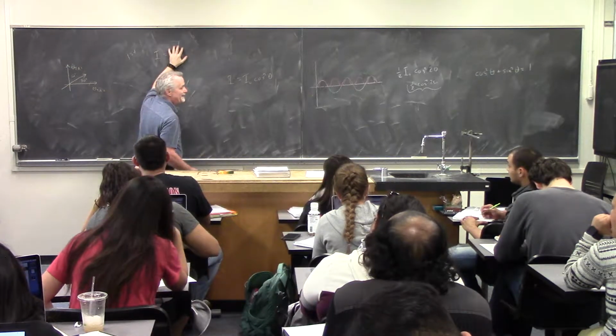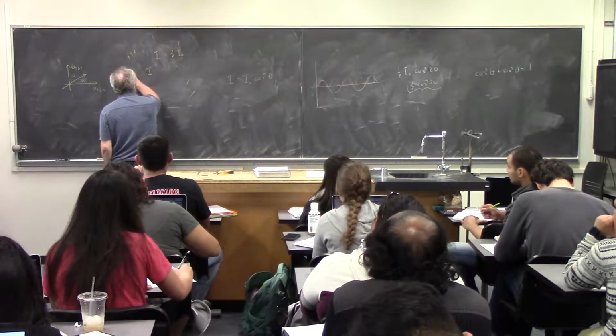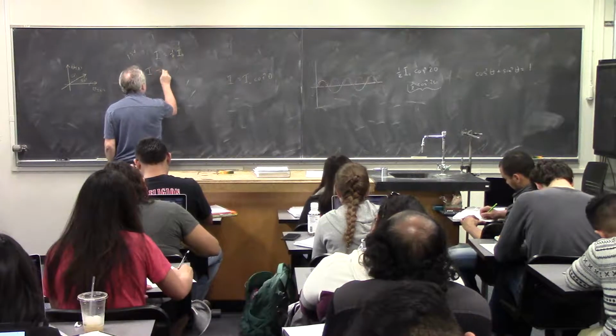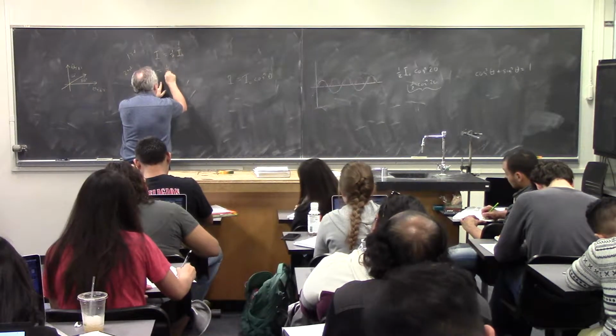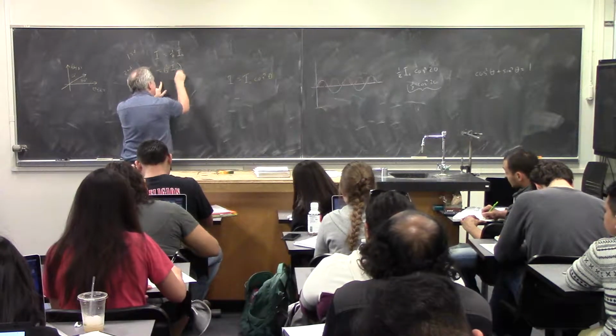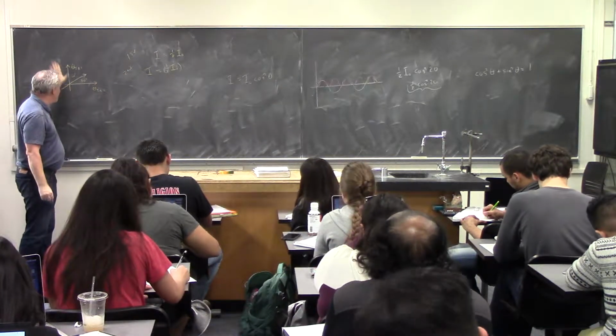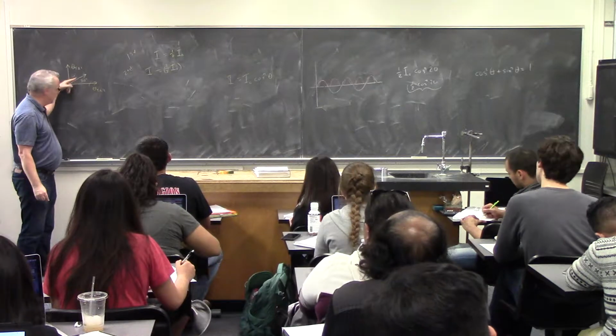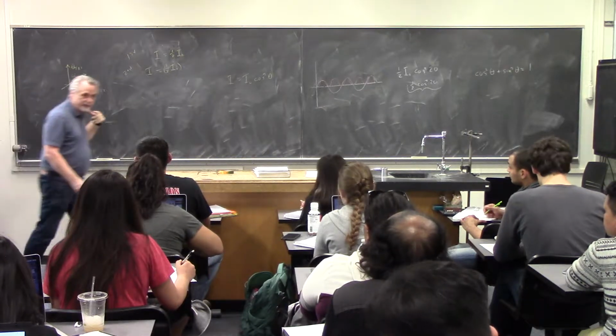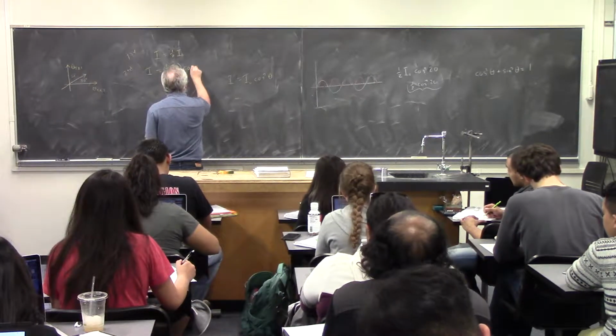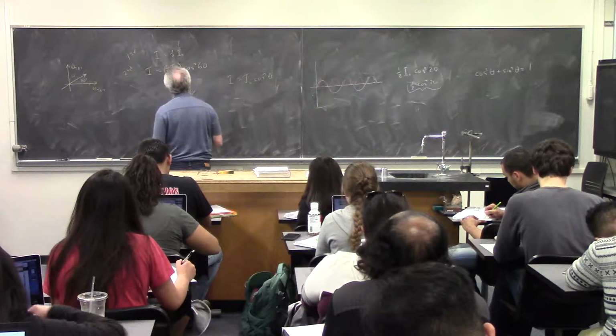So this becomes the intensity for the second filter. It's equal to 1/2 I naught, because that's what hits the second filter, isn't it? What's the angle between the polarized light and the second filter, which is the one here in the middle? 60, right? So I get cosine squared 60, all right?